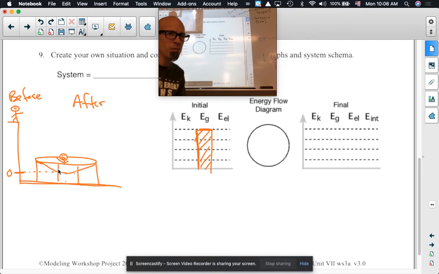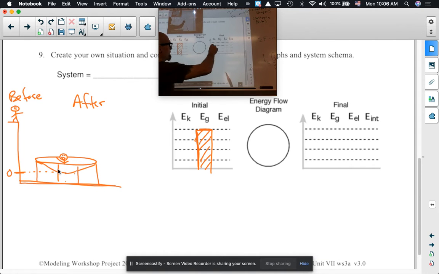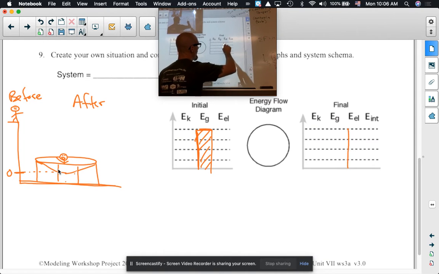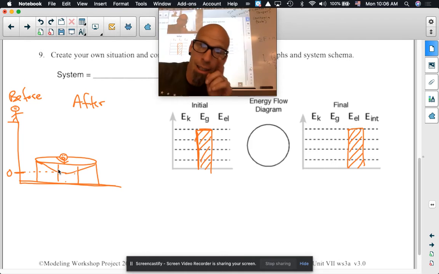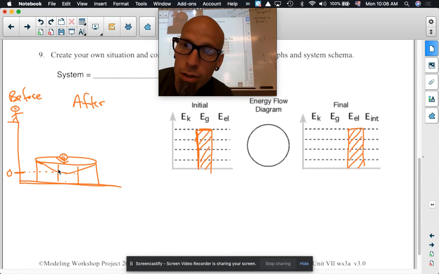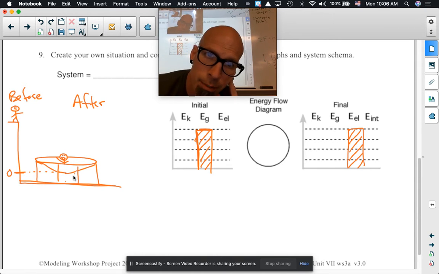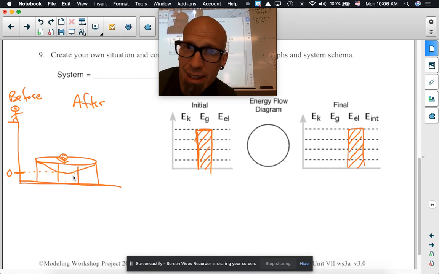So it seems to me that that would mean that all of the energy that we had that was gravitational has now become elastic. Now, maybe you're thinking that some of that should be E internal, that maybe not all of this gravitational energy got stored as elastic. Okay, that's fine too.